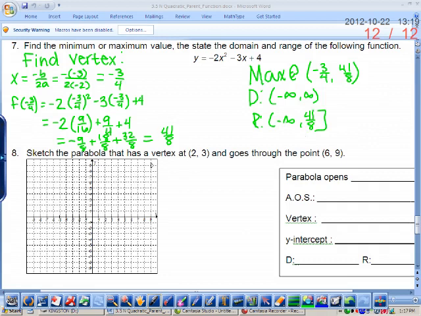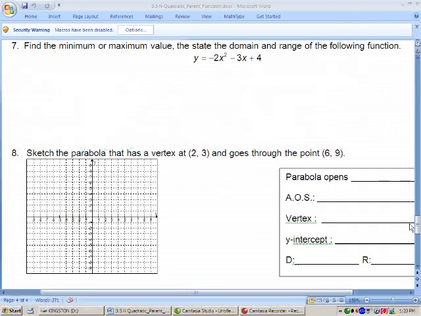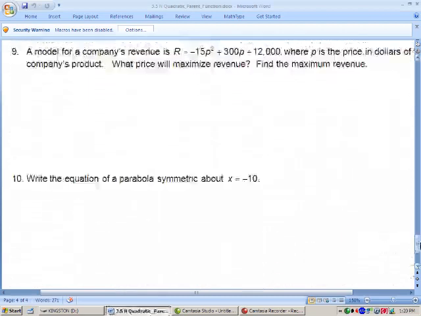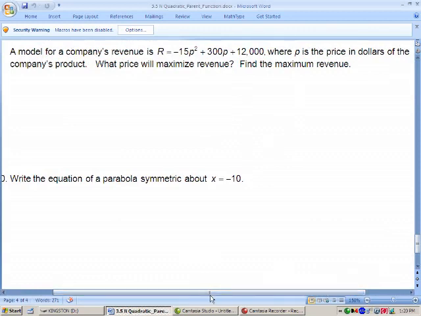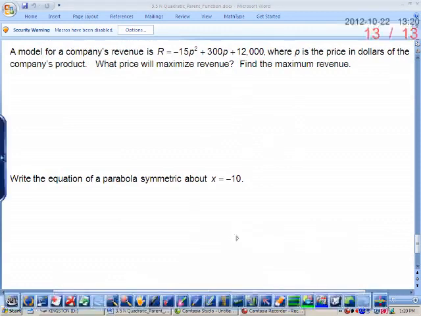All right, we're going to skip 8, but let's look at 9. Take a sec and read through the situation. What's it asking us for? Okay, and if we're asked for the maximum, that means we're asked for the vertex.